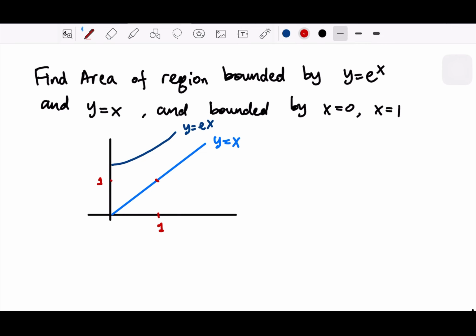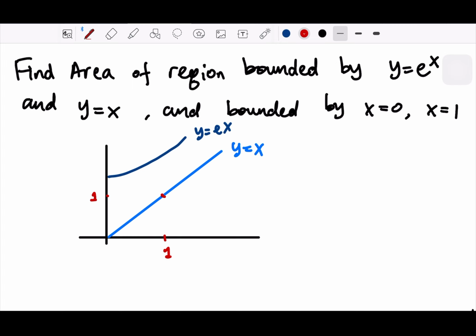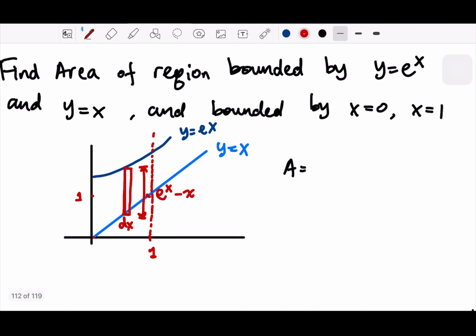Okay. Now to give you the description of what we need, take a rectangle to imagine the samples of our area. This one is the x, and this one is the height. The height is e to the x minus x, right? That means the area is the integral. This is x equals 1, and x equals 0 is here.